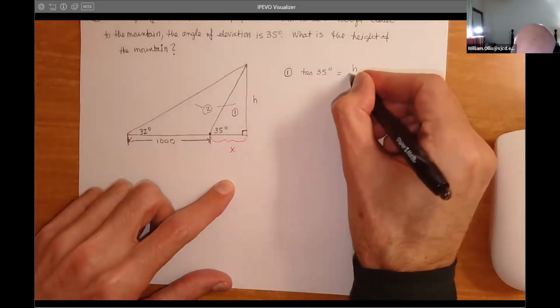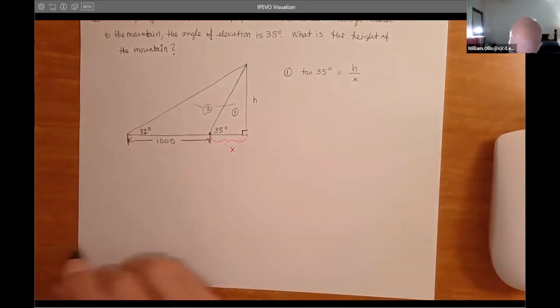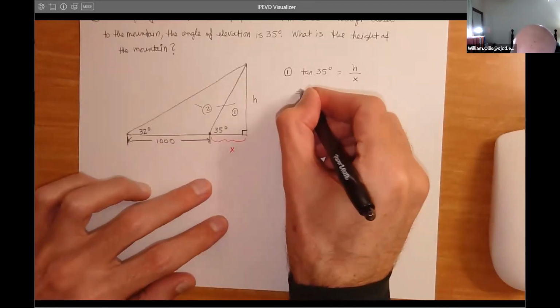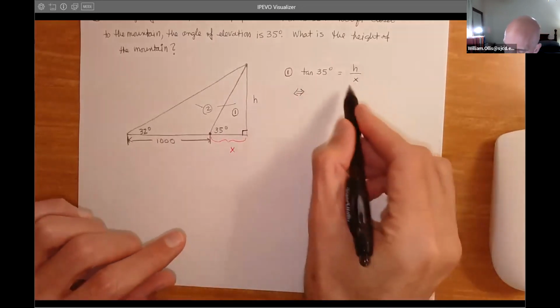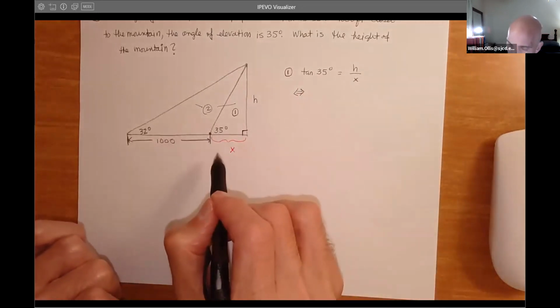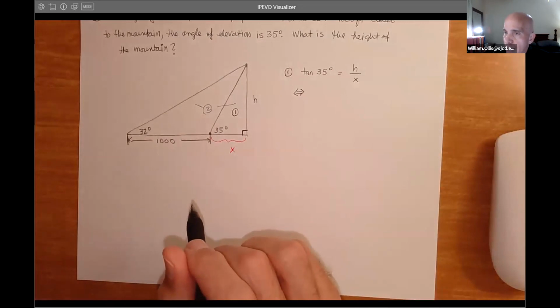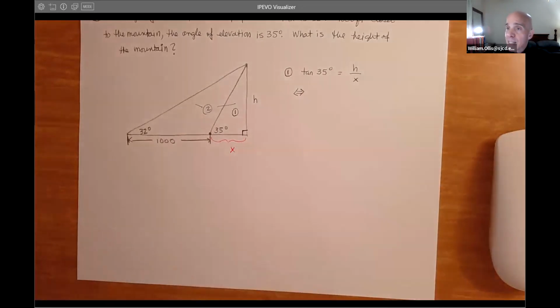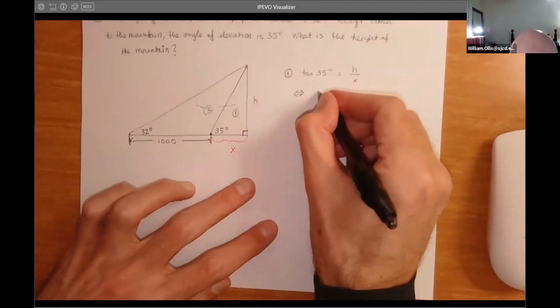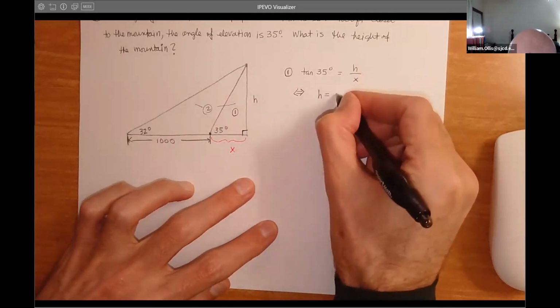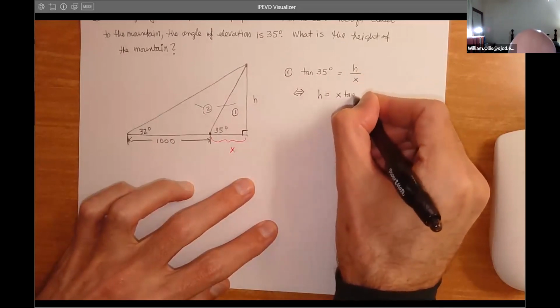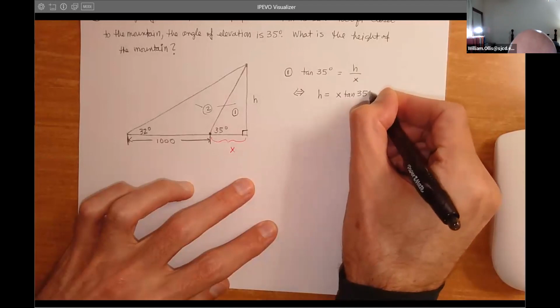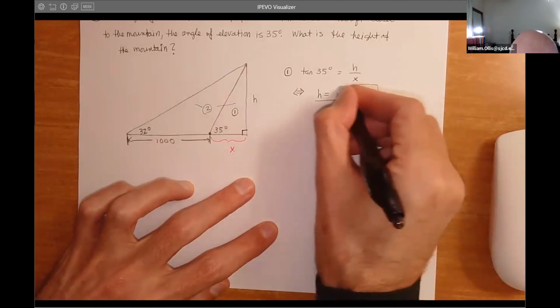So this is H over X. Now, we're going to get two expressions here. With each of the triangles, we can get expressions that involve H, and then we can set the expressions equal to solve for X, and then pick either of the equations to ultimately solve for H. So this says that H equals, by cross multiplication, X times tangent of 35 degrees. So there's one equation that can be very useful to us.